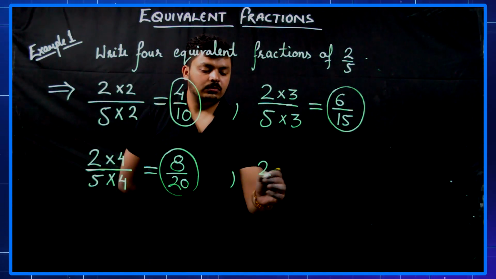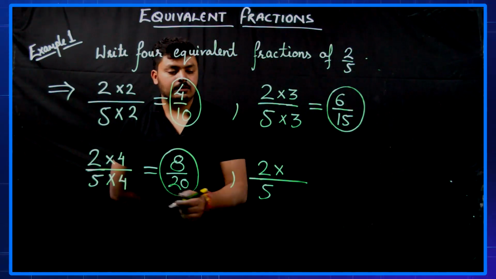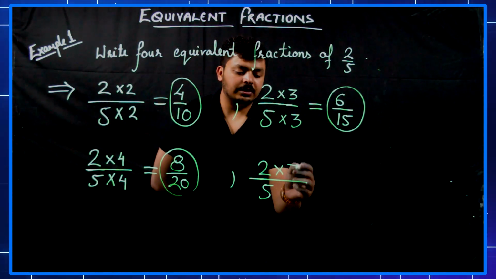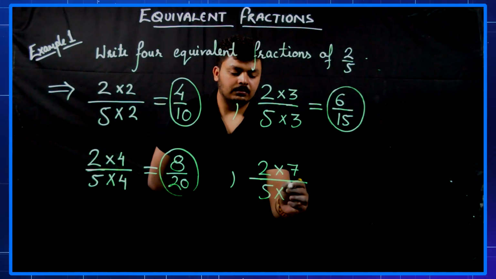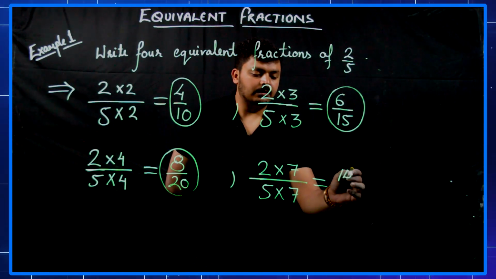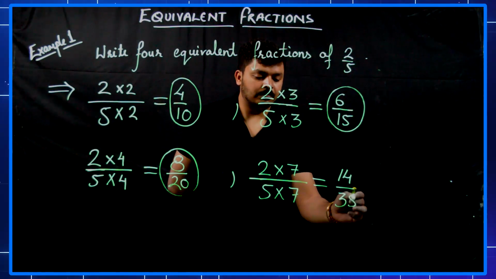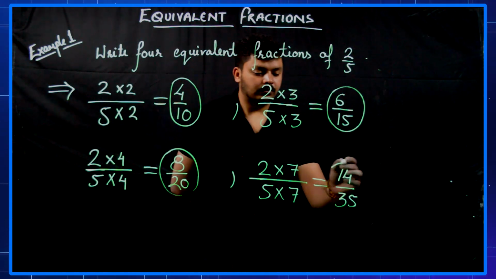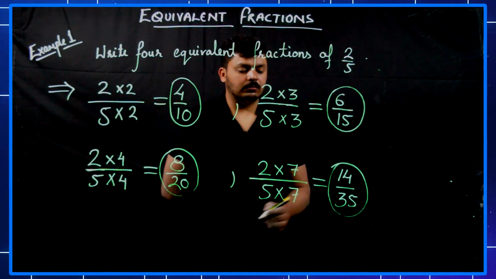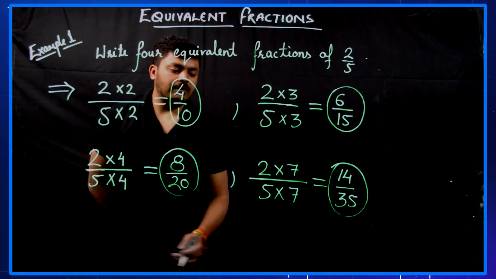Now 2 by 5, now we can take any number, so let it be 7. So it is 14 upon 35. So these are the 4 equivalent fractions of 2 by 5.